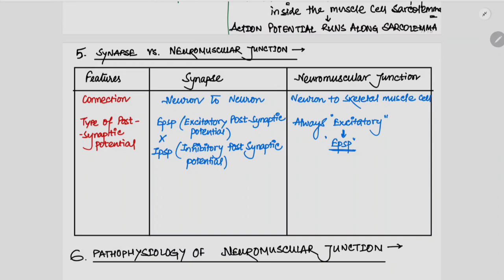Next, the structure of the postsynaptic membrane. In synapse, the synaptic knob is smooth and rounded.